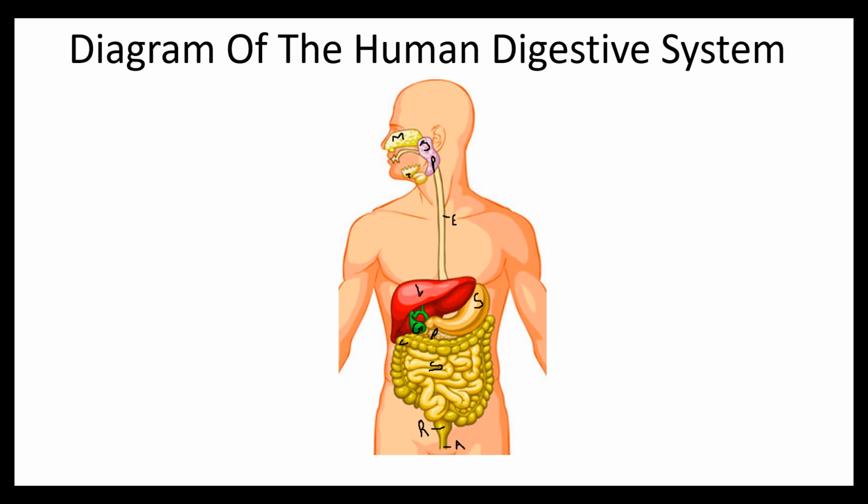The digestive system of the human body is the sum of the gastrointestinal tract, also known as GIT or the alimentary canal, and accessory organs like the liver, pancreas, etc. These two parts together help in the digestion process. The alimentary canal is the long tube through which the food that we eat is passed.